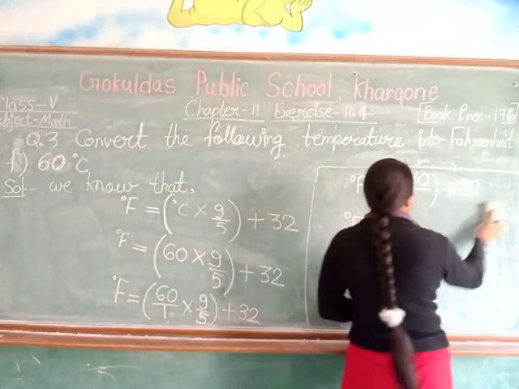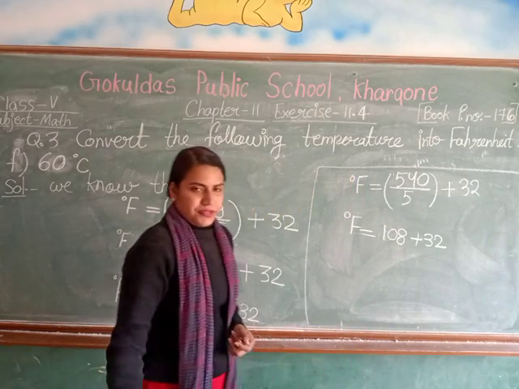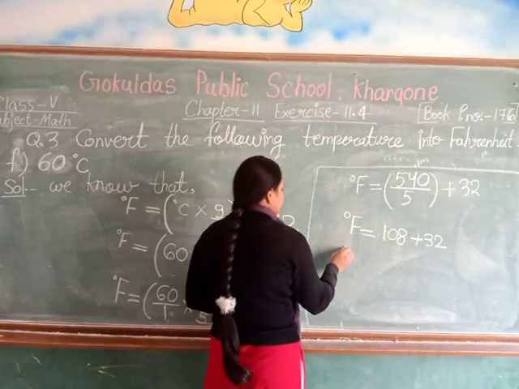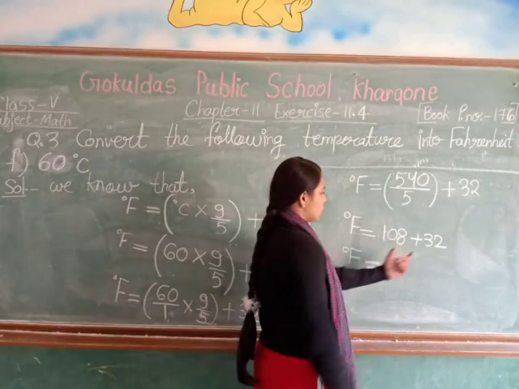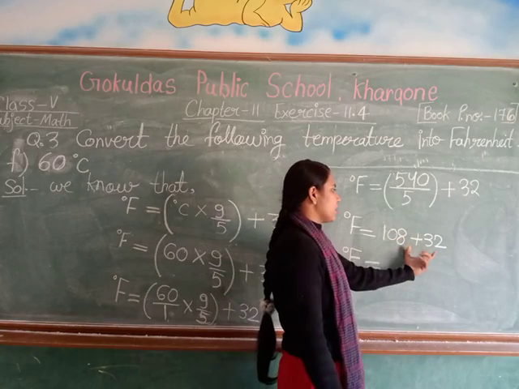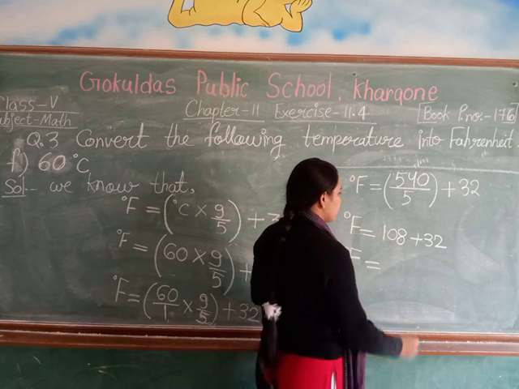Now I am erasing this rough work. Now come to the next step. Degree F is equal to, solve this step, add both the numbers, add 108 with 32.